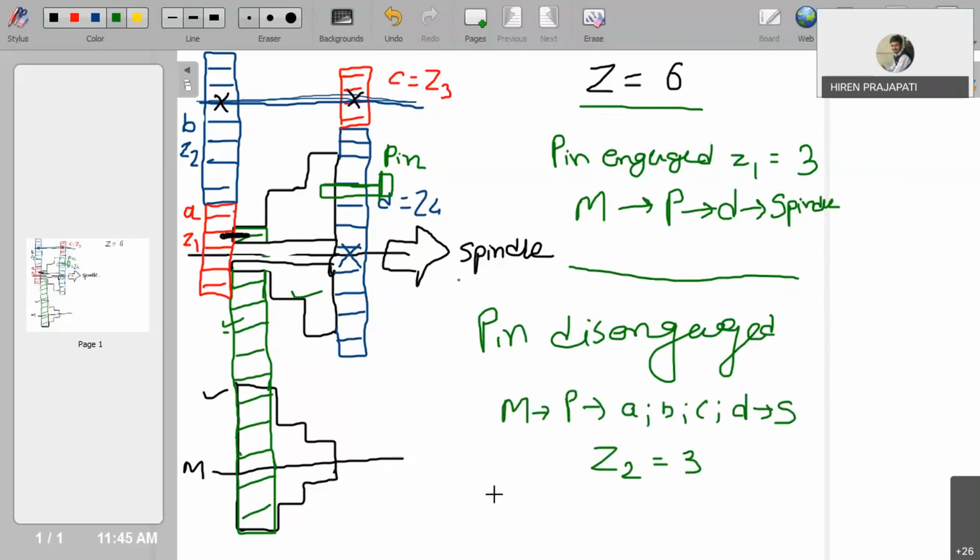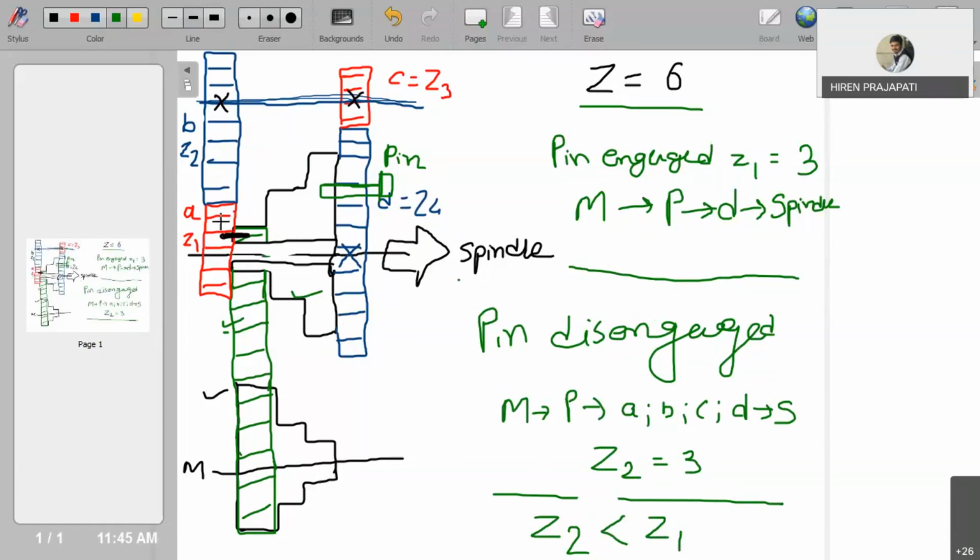But what happens is, the speeds which are available on Z, the speeds which are available by back gears, means Z2, sorry, Z2, the number of speeds available using back gears, they always have speed less than the speeds available by direct pulley, right?